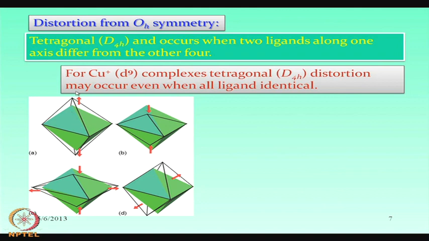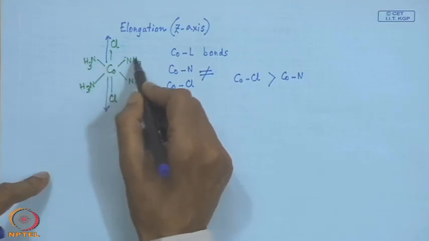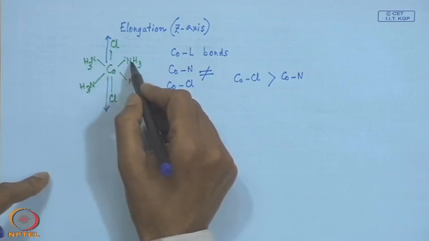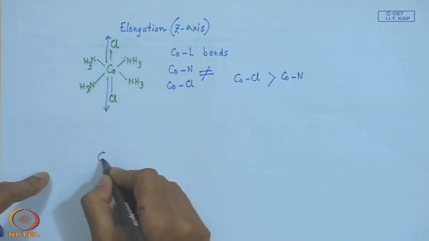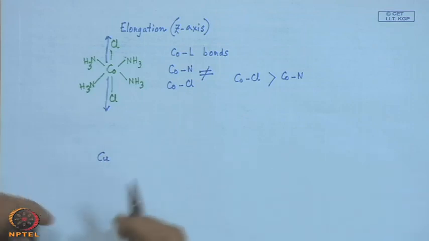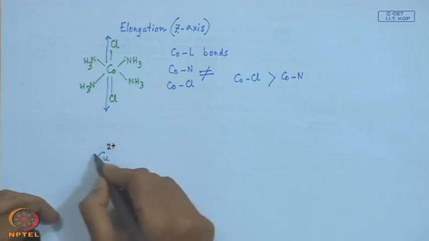That means we have the elongation either through different types of ligand coordination, like cobalt bound to 2 different types of ligand groups, NH3 and Cl, or we can have copper, which is a 3d9 situation, not 1 plus but 2 plus.